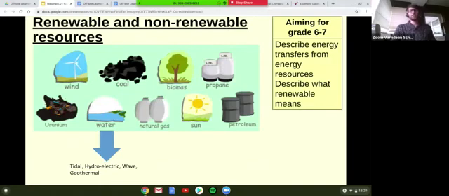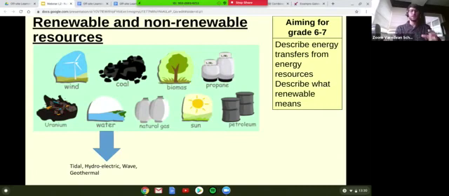And one of the main topics of the advantages and disadvantages is whether or not it's renewable or non-renewable energy. As I said before, with the nuclear, it's really important that you don't get renewable and non-renewable mixed up with being good for the environment or bad for the environment.